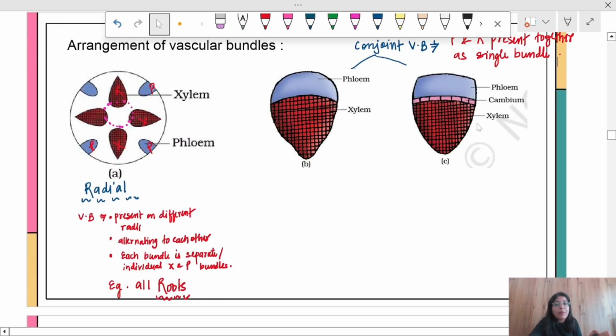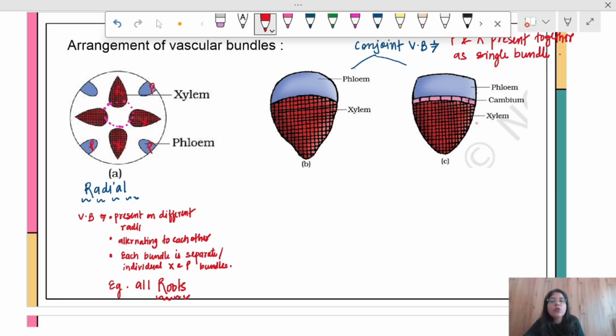Okay, they are not separately present. Now this one is called conjoint closed, and this one is called conjoint open.